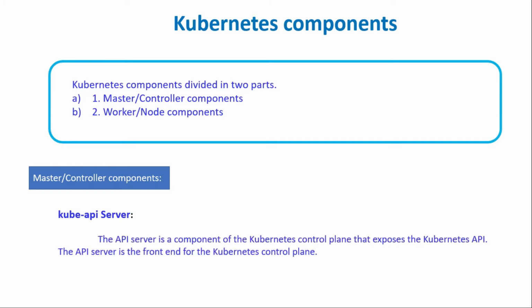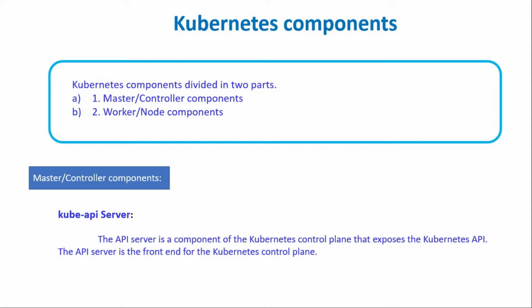The API server is a component of the Kubernetes control plane that exposes the Kubernetes API. The API is the front end of the Kubernetes control plane. Kube-apiserver is our front end where all the nodes, workers and controller, when they have to talk, firstly they will connect to the API, and then that process will be done from our controller.